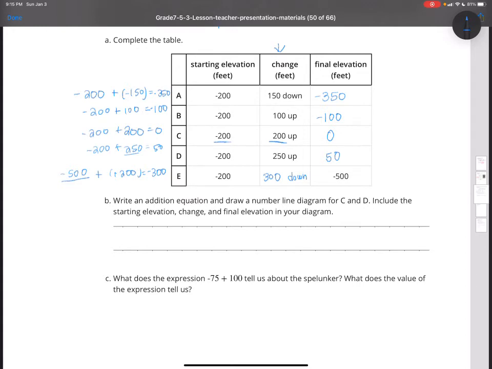So then for part B, it says write an addition equation and draw a number line for C and D. Include the starting elevation, change, and the final elevation in your diagram. Okay, so what I'm going to do is skip count the numbers.